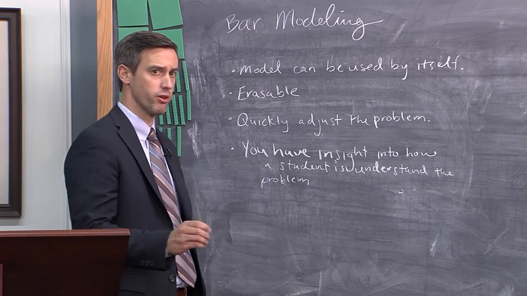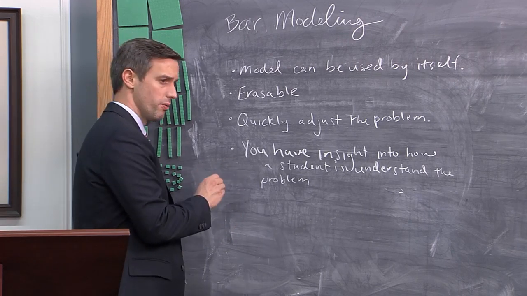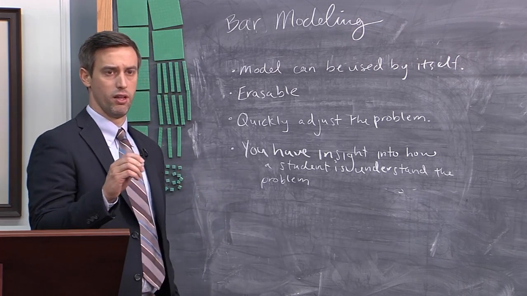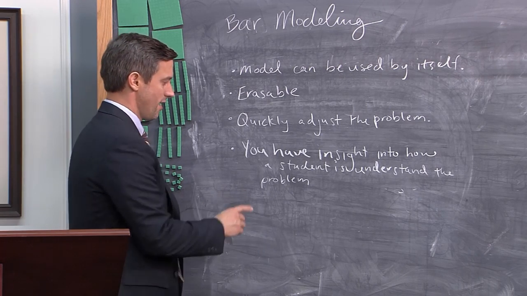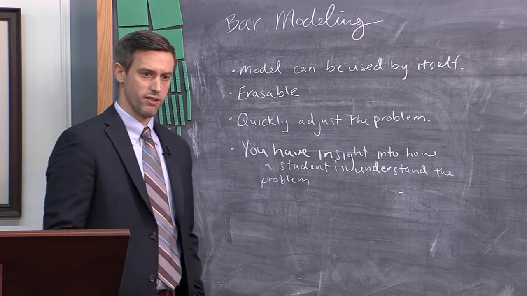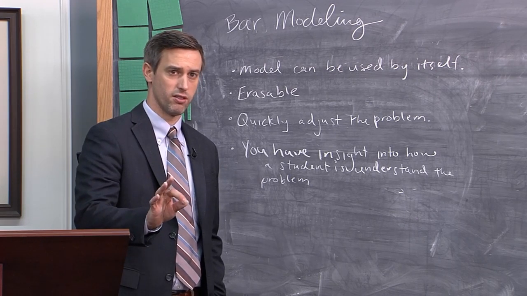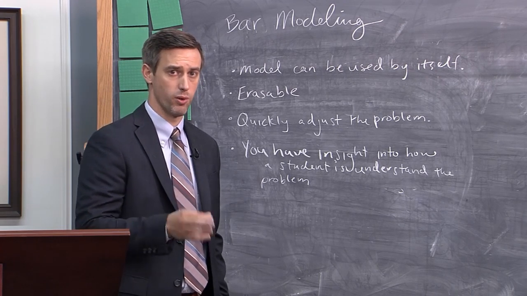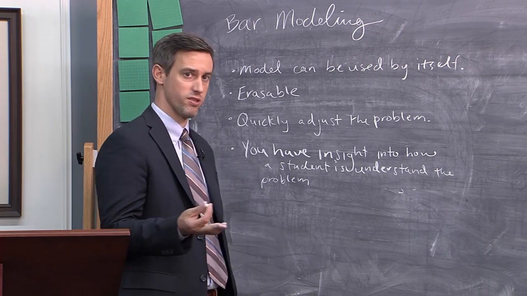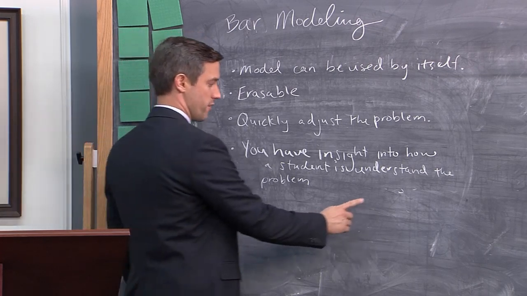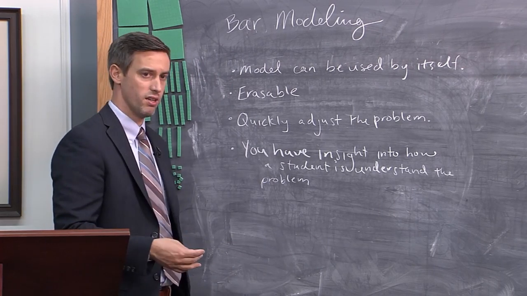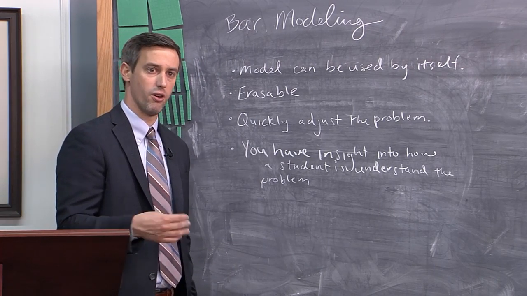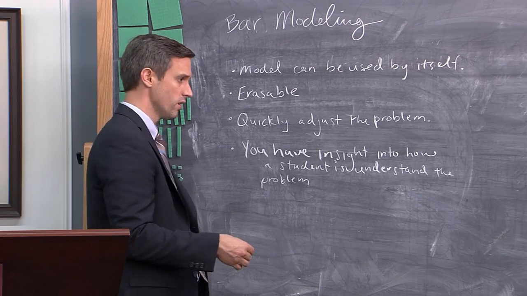So I think it's worth noting that sometimes there might be a reading difficulty as opposed to a math ability issue. One of the things that I like to say to teachers when I'm training is a picture is worth, and then I let them fill it in, 1,000 words. So if you have a picture, if you have a bar model, you really do have some keen understanding of how they're interpreting the problem.